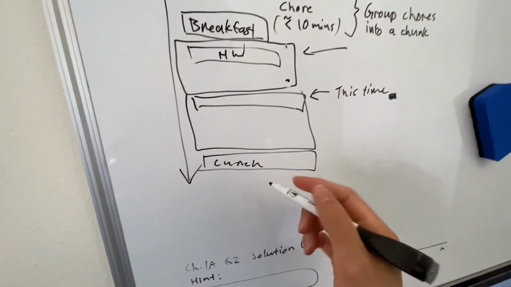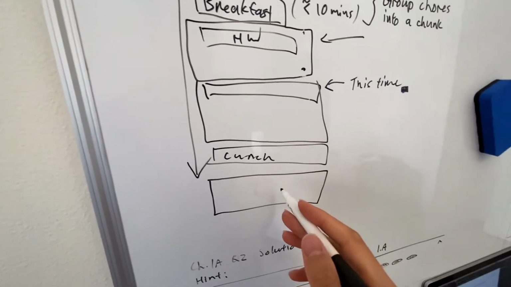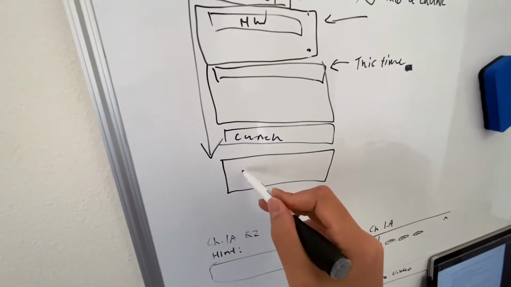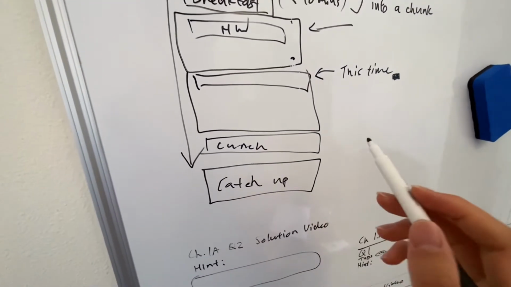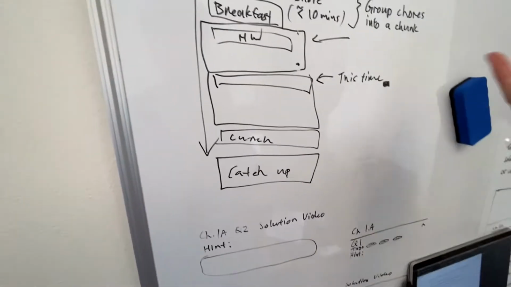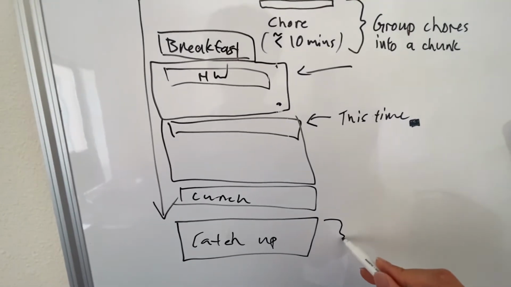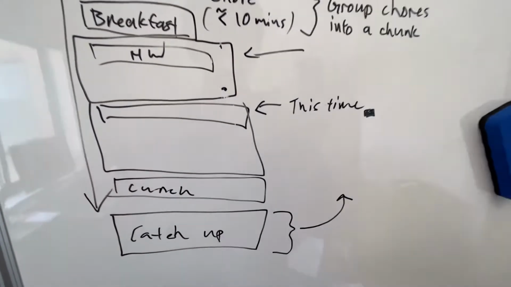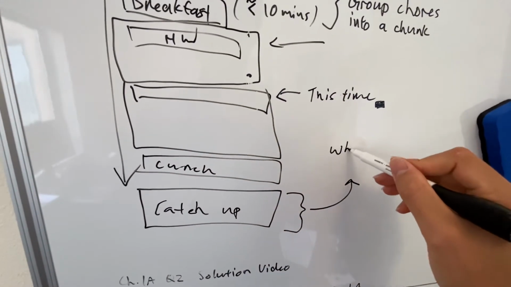And if you do that, you're going to need time at the end of your day for catch up. So you're going to allocate a mandatory catch up block where you can catch up on tasks. It's pretty self-explanatory.